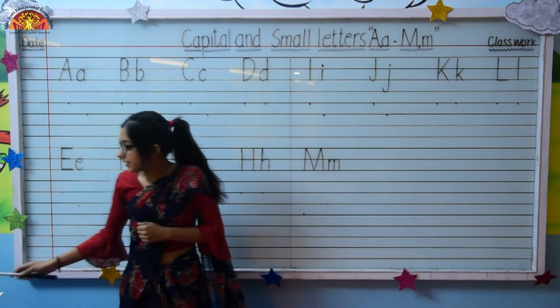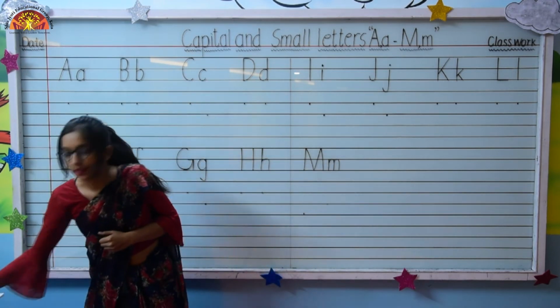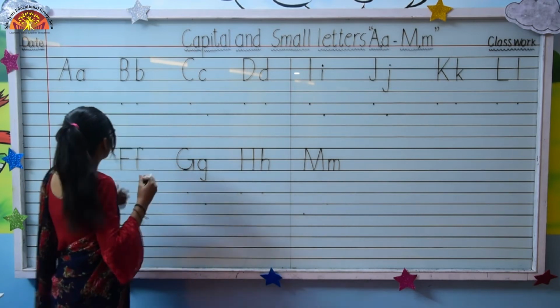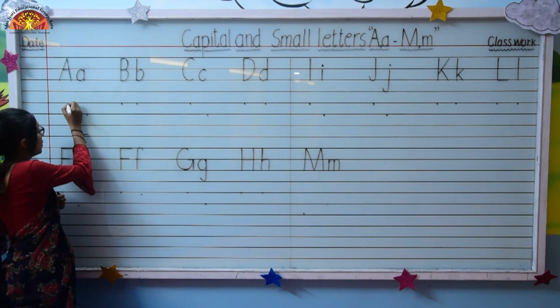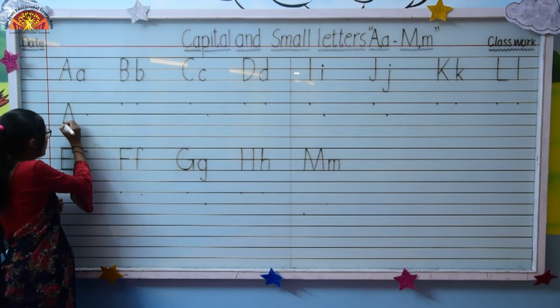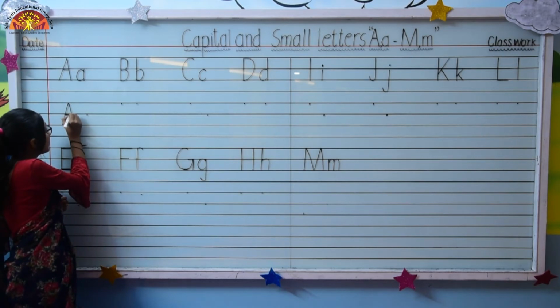Okay, now everyone take out your pencil and write with me. First we will write capital letter A. So kids, what we have to do? We have to make a slanting line, one more slanting line, and one sleeping line inside it.